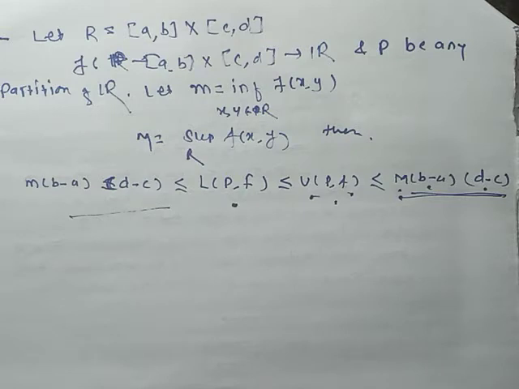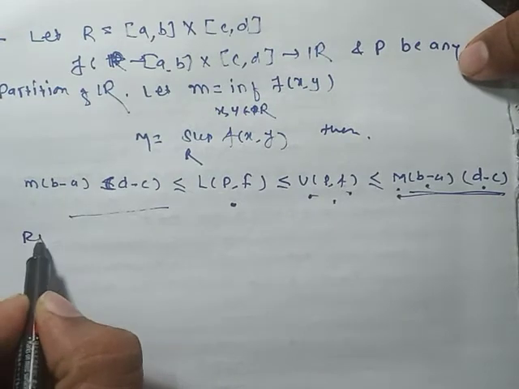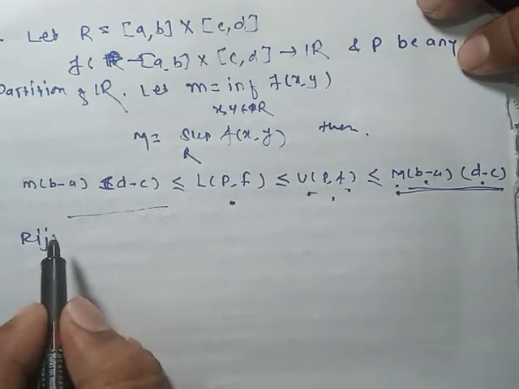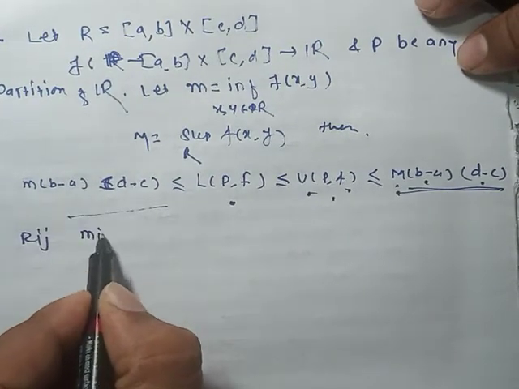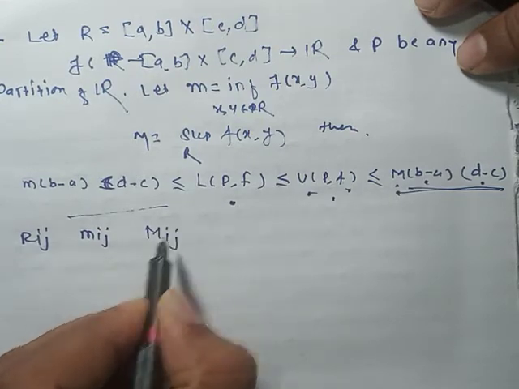And if we see the proof, first we have to choose a subrectangle. Then we define small mij and capital Mij on this Rij.